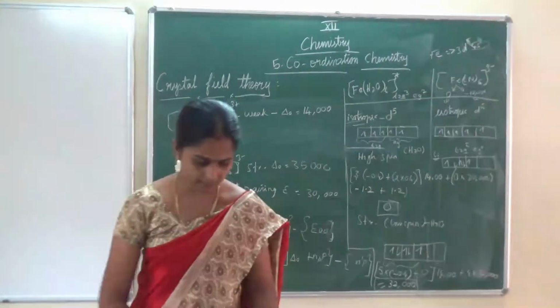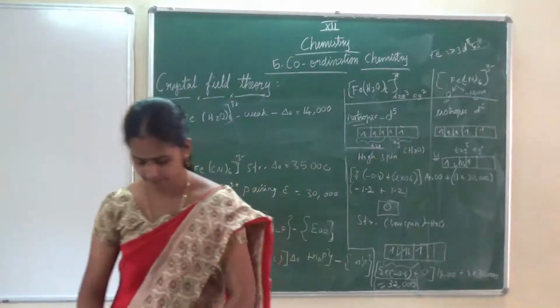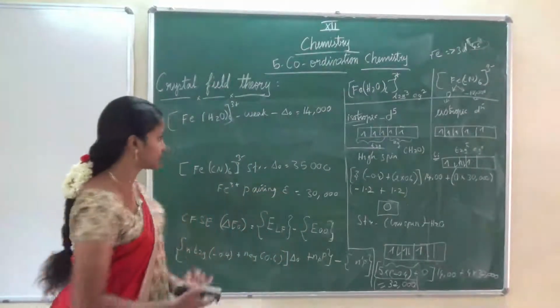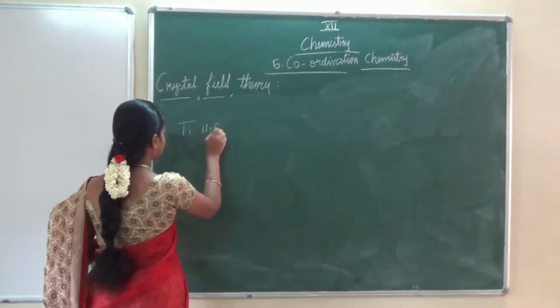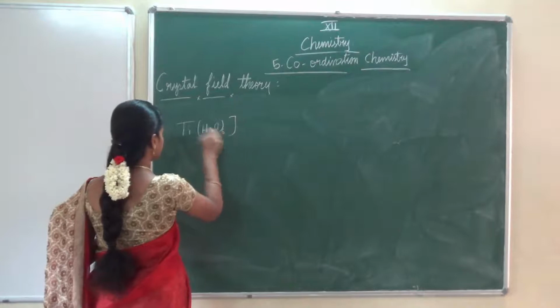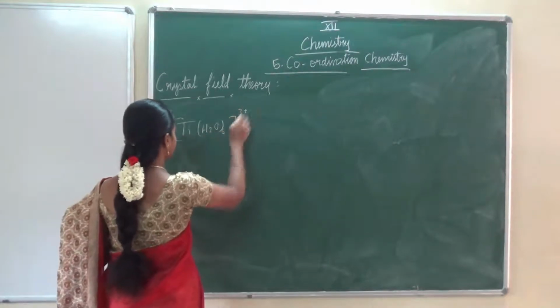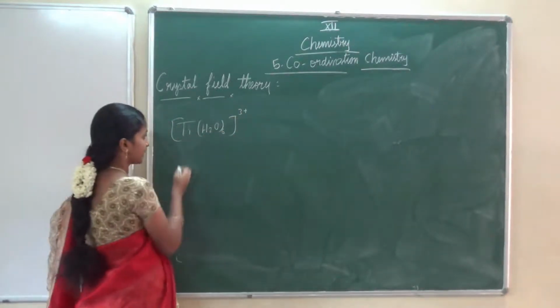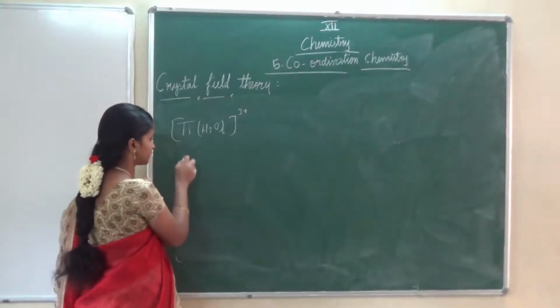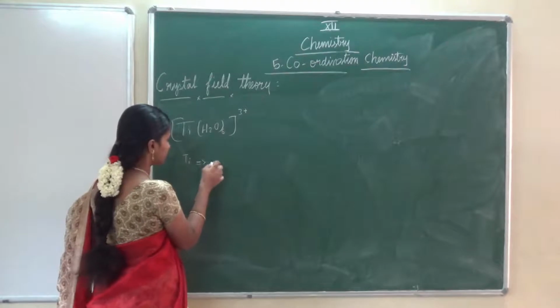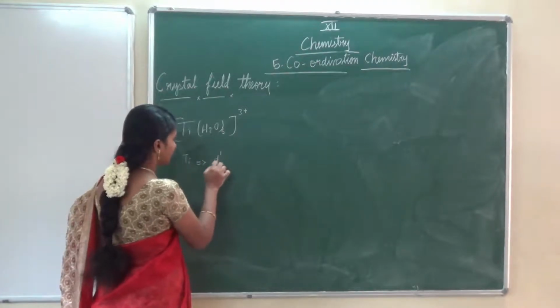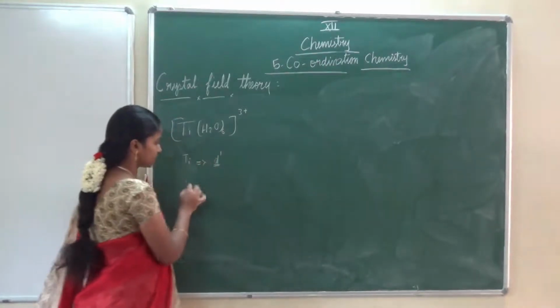Let me take the d1 system here, [Ti(H2O)6]3+. Now in this complex, titanium is in +3 oxidation state, so here it is d1. Then only one electron is present.